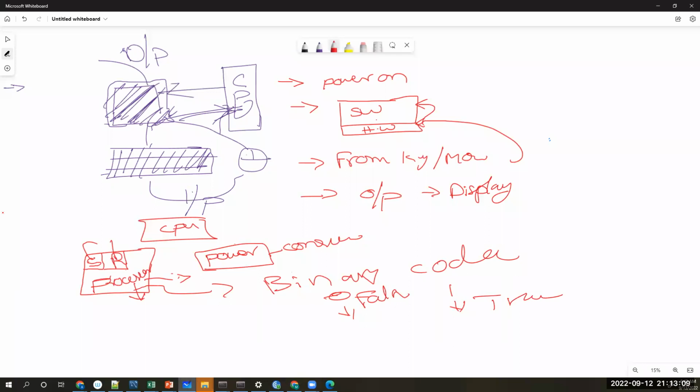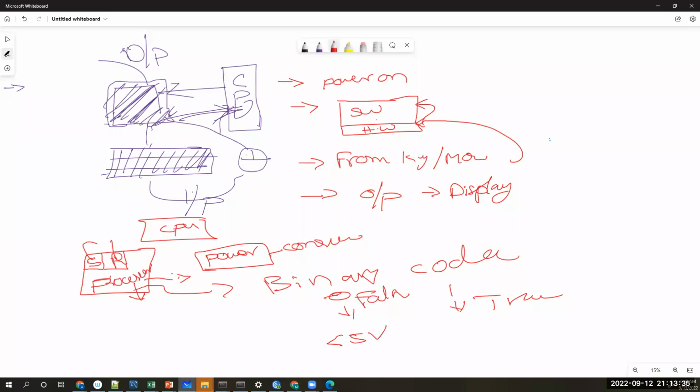Is anyone from an electrical or electronics background? IT or electrical or electronics? Electronics. Yes, in MSc we did binary code operations.